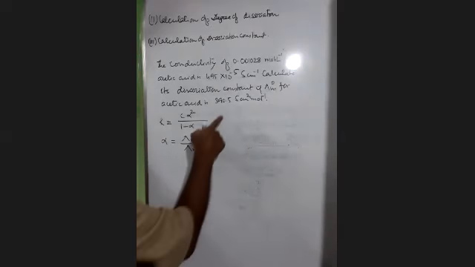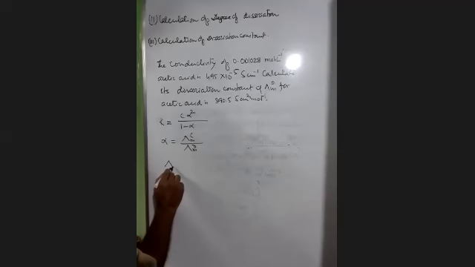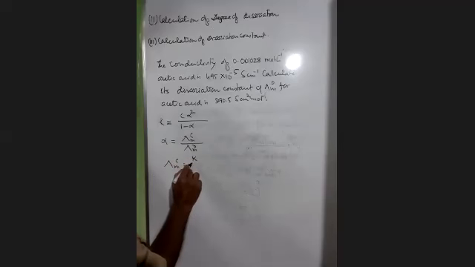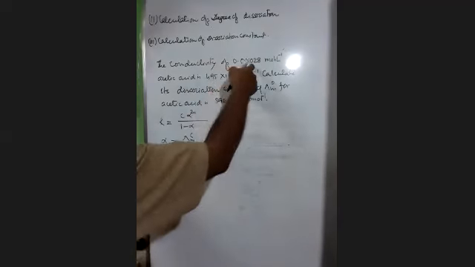Lambda M0 is being given, lambda MC is not being given. Now what is lambda MC? Lambda MC is kappa by C. Kappa is the conductivity, and C is the concentration.